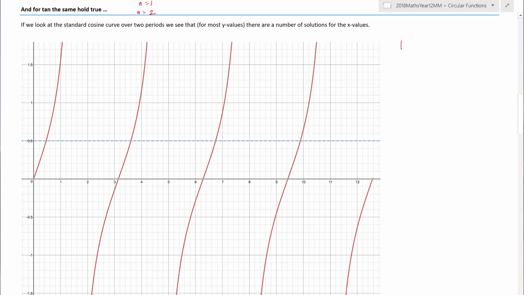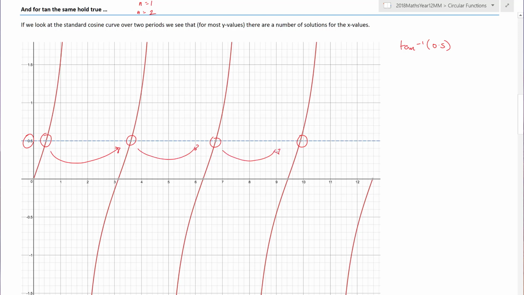If we are looking for tan to the minus 1 of, again, 0.5 in this situation, I would be drawing a line through y equals 0.5, and I would be reading off all of these values here. Now, how does that apply to the theory for what we've just done for cos? Well, how did we get between each successive solution in a tan graph?